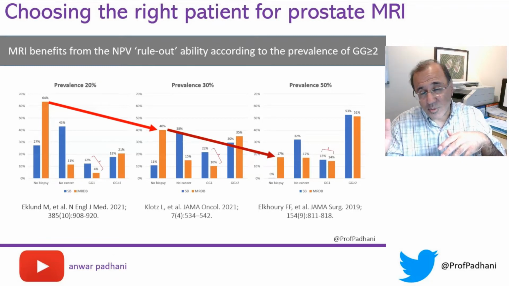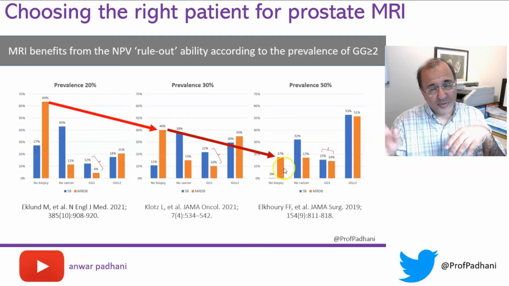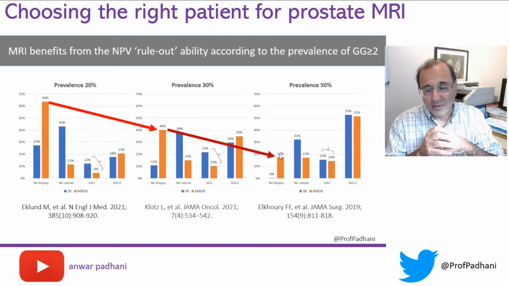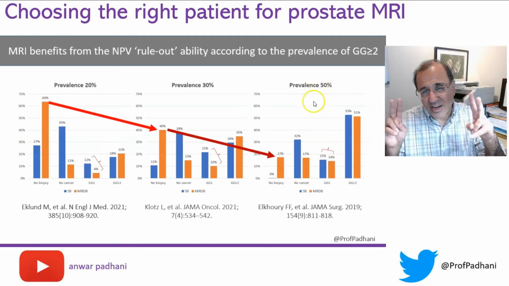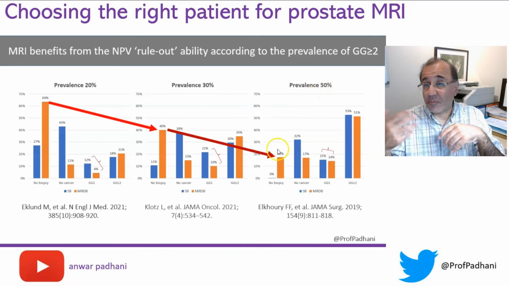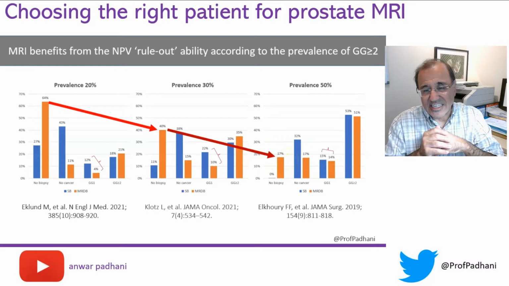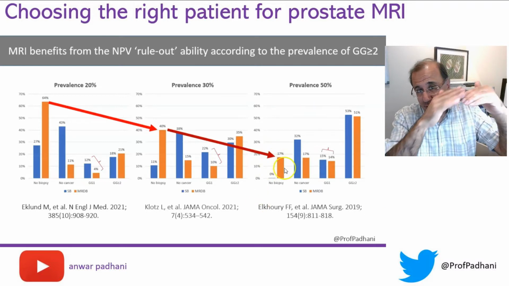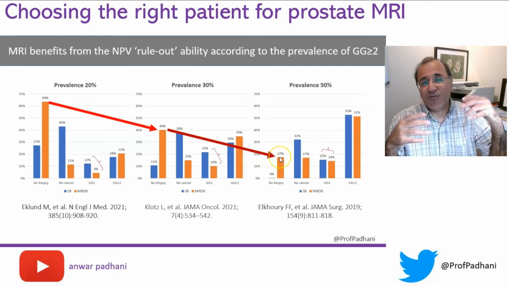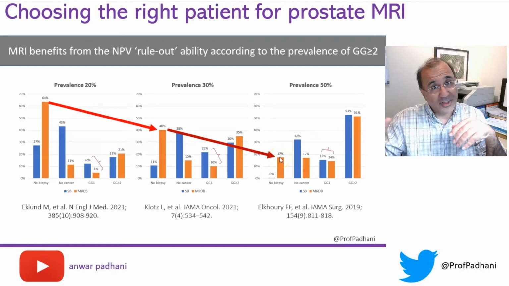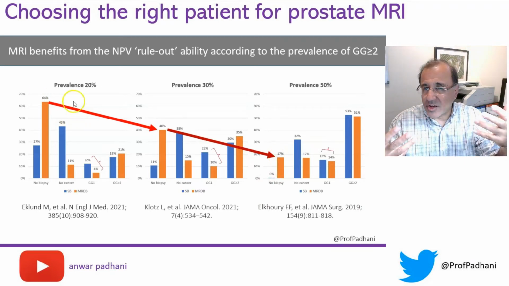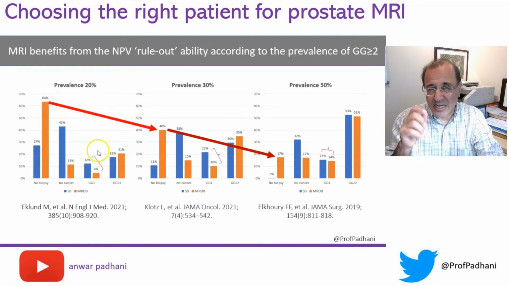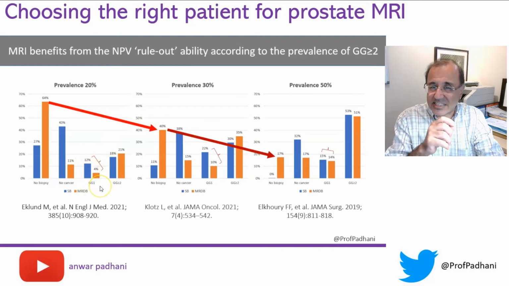At the other end of the spectrum, you've got a prevalence of 50%. Look what happens here. If you look at the number of men avoiding a biopsy when the prevalence is high, it's much less. It's now 17%. Can you see that? So you can see how the number of men avoiding a biopsy goes down with higher prevalence. The other advantage of the MRI pathway were fewer diagnoses of insignificant cancers.